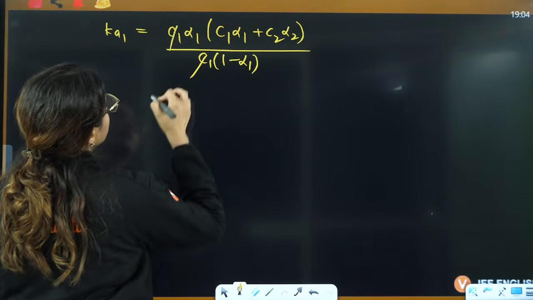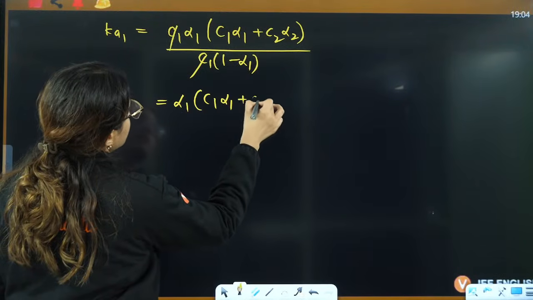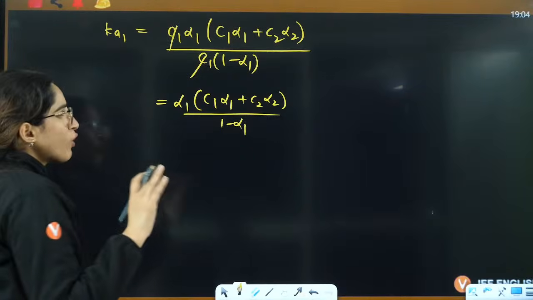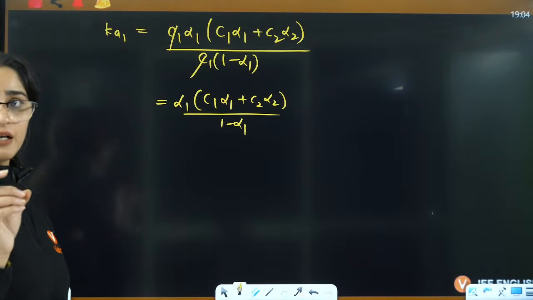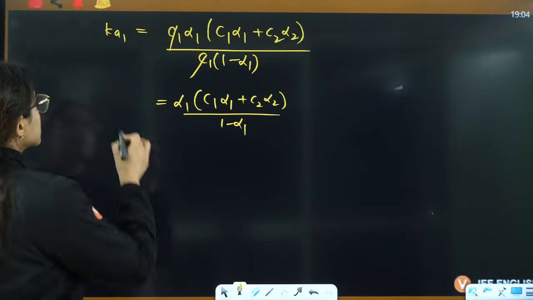Okay, C1 will be cancelled. It will be alpha 1 times C1 alpha 1 plus C2 alpha 2, divided by 1 minus alpha 1. You can also neglect 1 minus alpha 1 if the alpha value is very, very less.